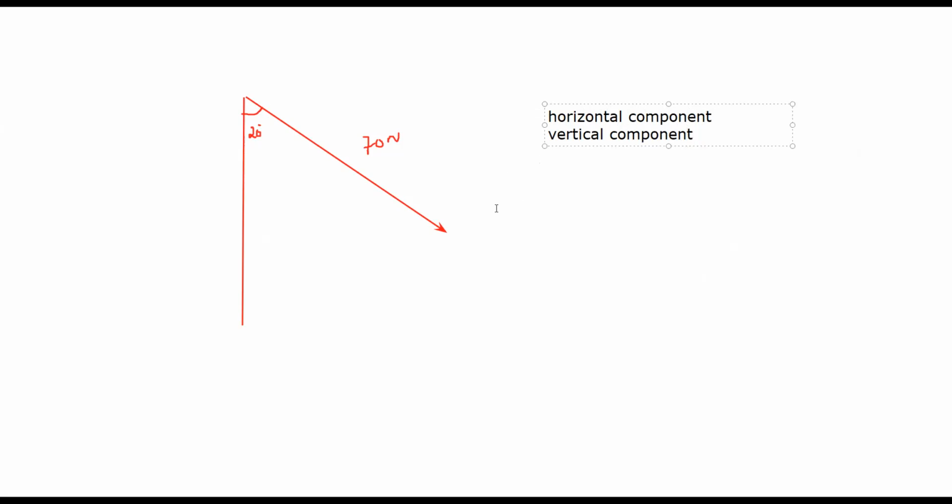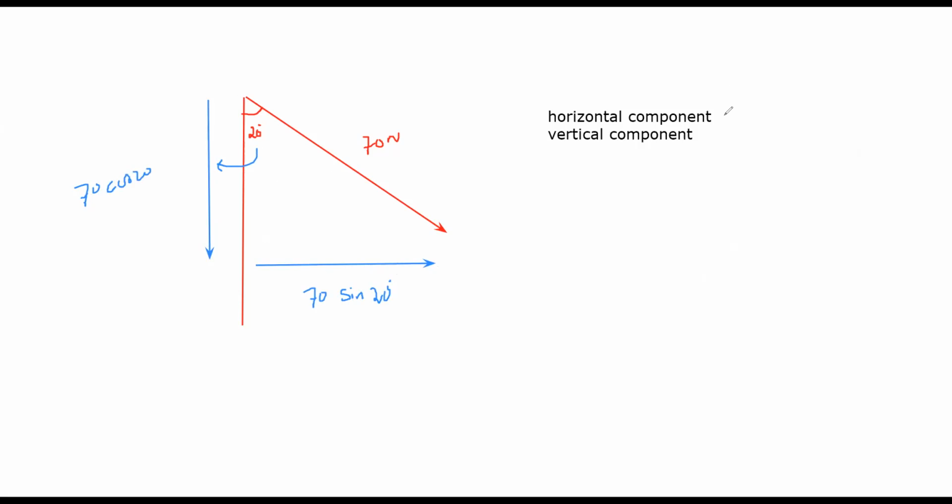What we can do is this: the horizontal component is towards the right and the vertical component is down. The one which is against the angle should always be written with sine. So this will be 70 sin 20, and the one next to the angle is 70 cos 20.